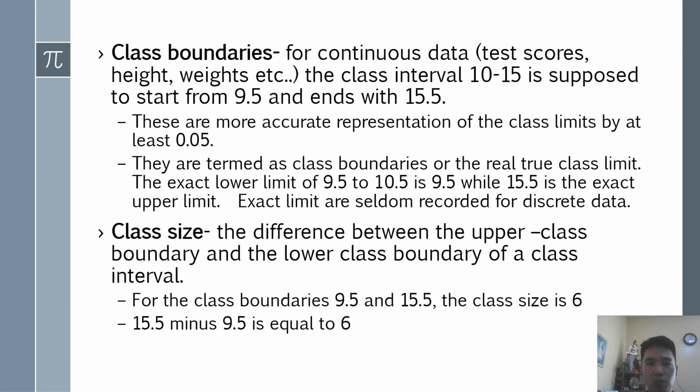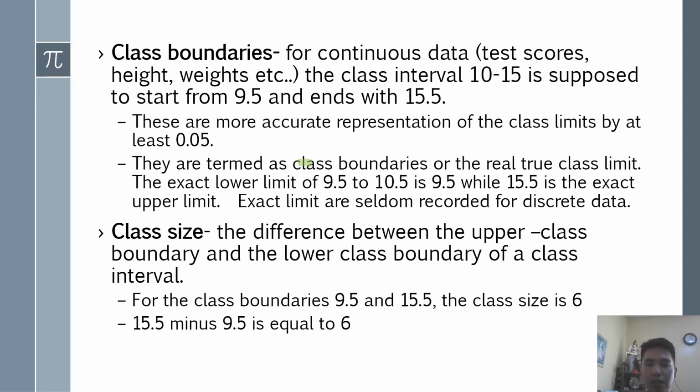The next term that we need to be familiar with is the class boundaries. For continuous data like test scores, heights, and weights, the class interval of 10 to 15 is supposed to start from 9.5 and end at 15.5. These are a more accurate presentation of class limits and they are termed class boundaries.